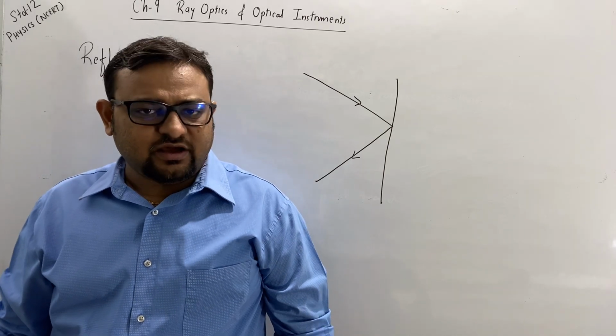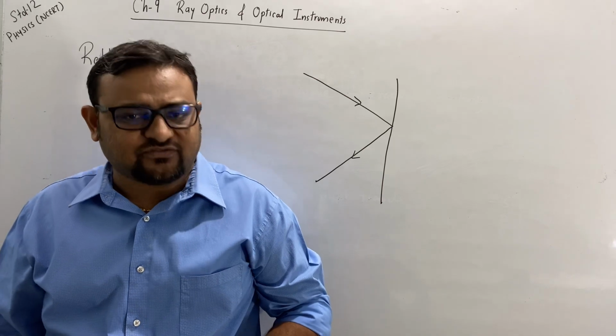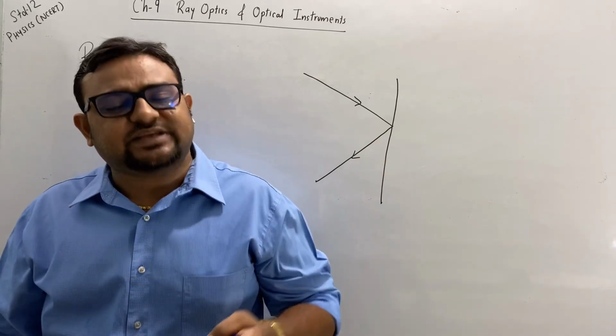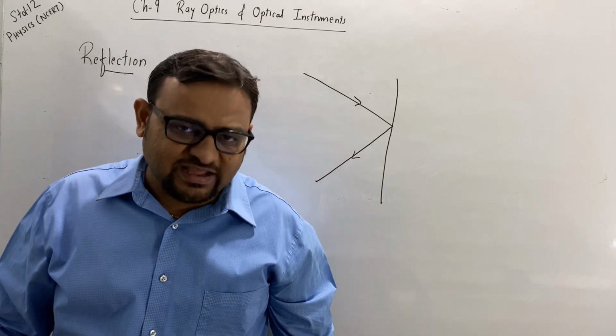Okay, clear? When light is incident on an opaque surface or a reflecting surface, it comes back into the same medium. This phenomenon is called reflection.